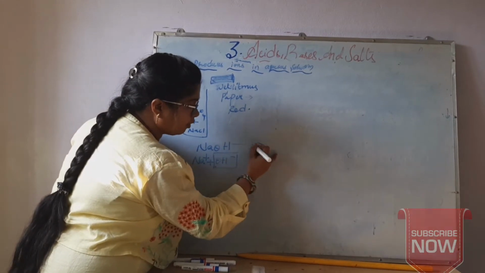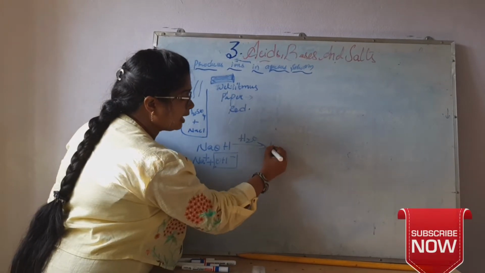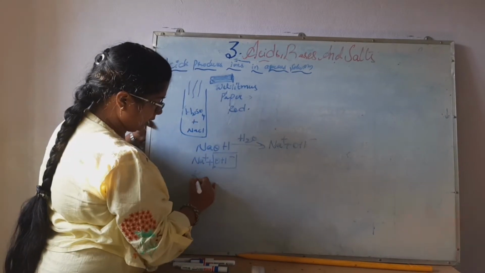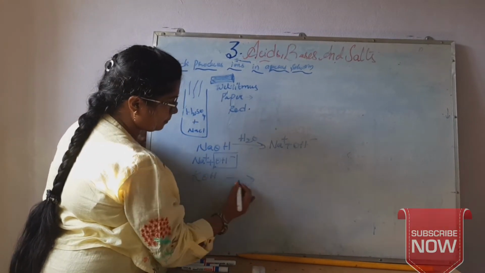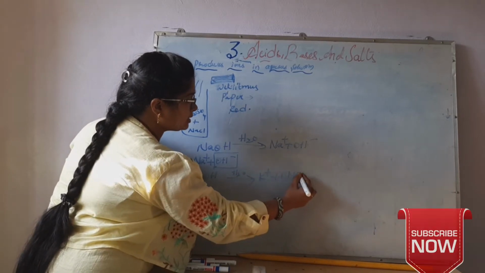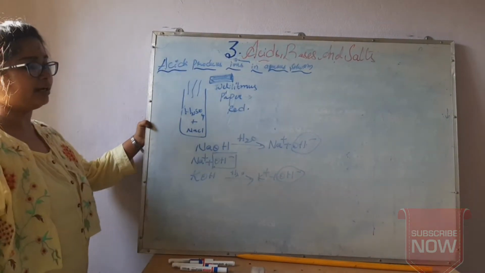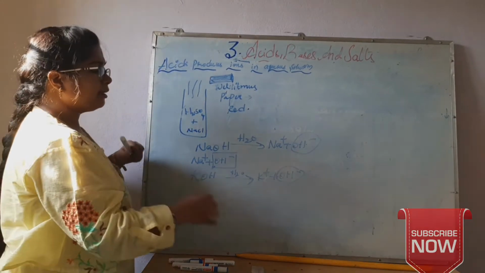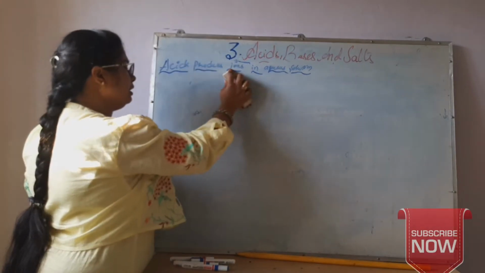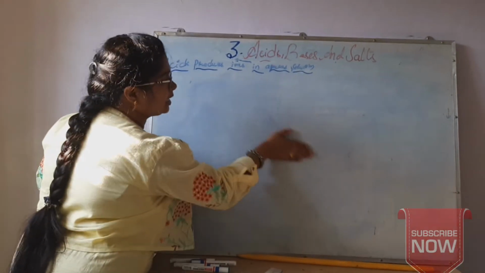KOH with H2O splits into K+ and OH-, and the hydroxide ion gets split off. So simply, if OH is there at the end, it will be OH- negative ion, right?